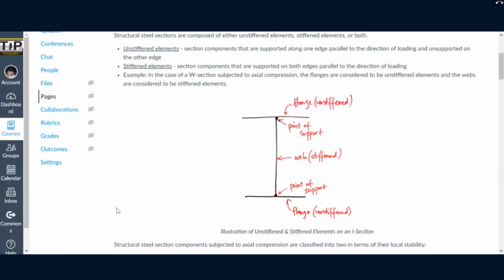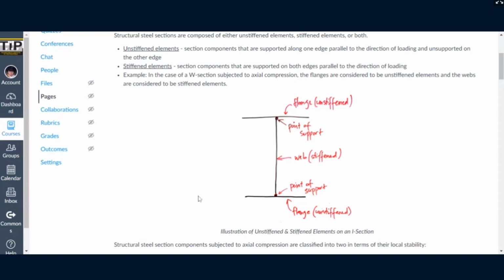So may mga other sections that are not really, although we check for local buckling, pero they are less likely to be susceptible to the limit state, like say yung mga HSS natin. Okay, so yung HSS sections natin na yung mga hollow structural steel sections, all elements are stiffened. Okay, unlike yung mga angles, wala siyang stiffened, puro unstiffened. Channels, dalawa yung unstiffened, yung dalawang flange, tapos yung web niya is stiffened as well.